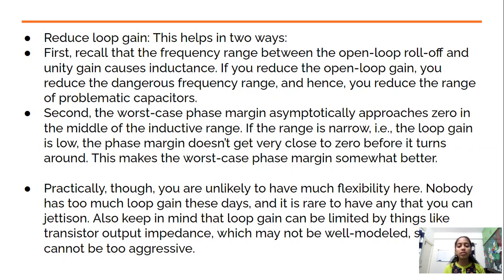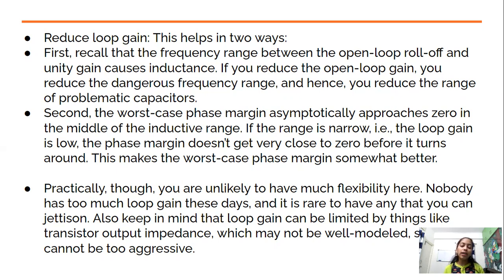Second, the worst case phase margin approaches zero in the middle of the inductive range. If the range is narrow, that is, the loop gain is low, the phase margin doesn't get very close to zero before it turns around, which makes the worst case phase margin somewhat better.